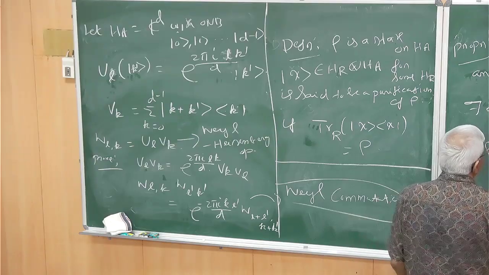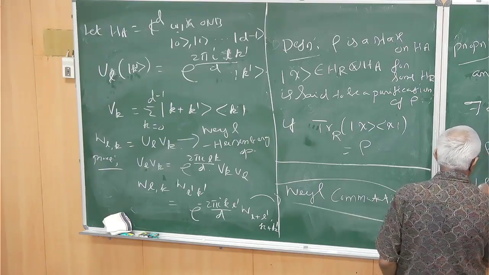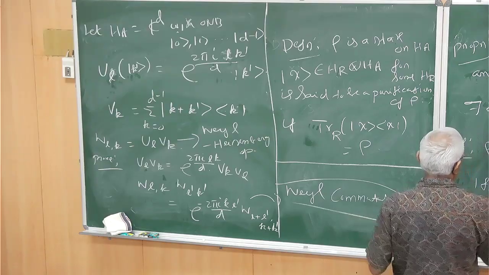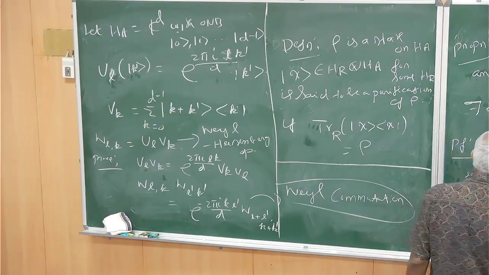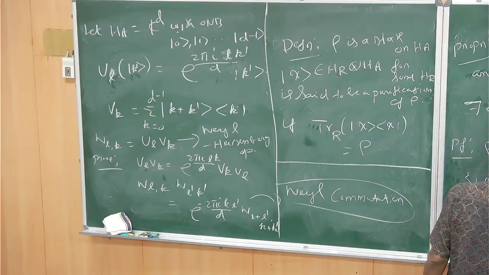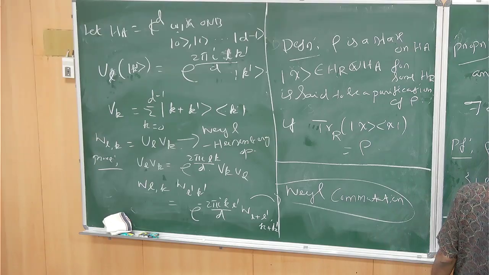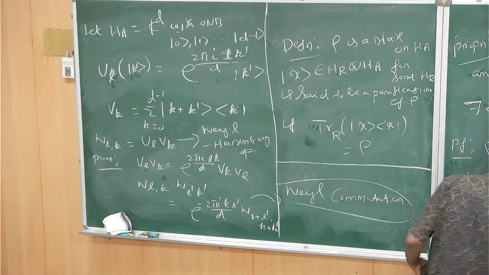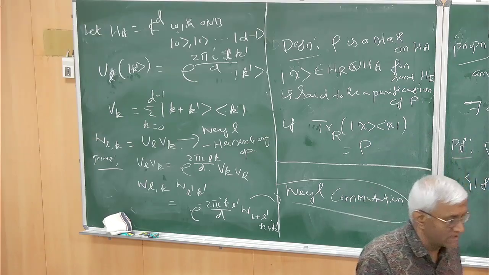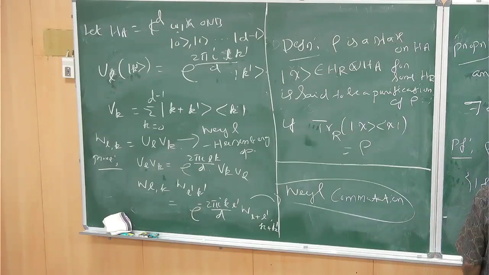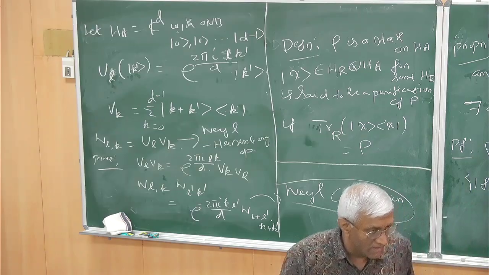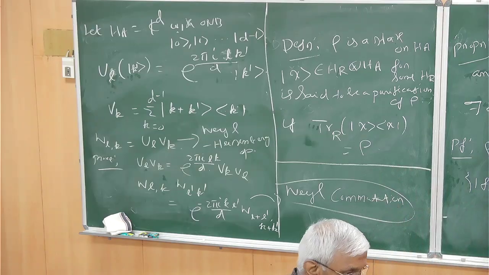Now you take f_k, some vectors in H_R. There exist such vectors because the dimension is greater than r, where r is the rank.